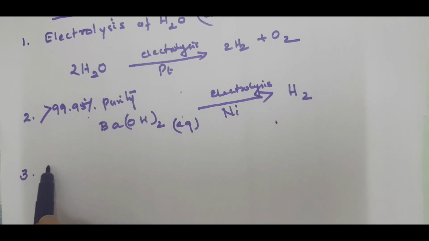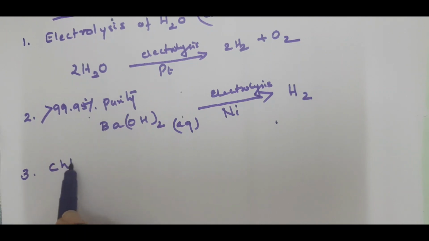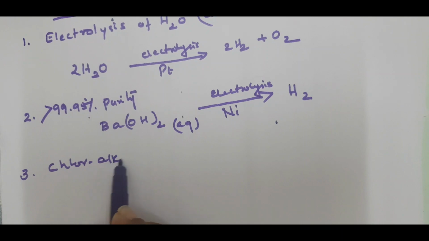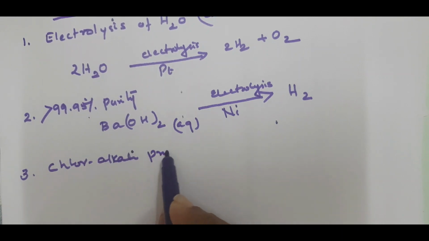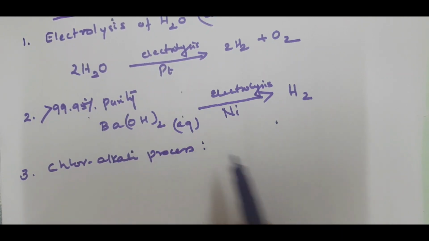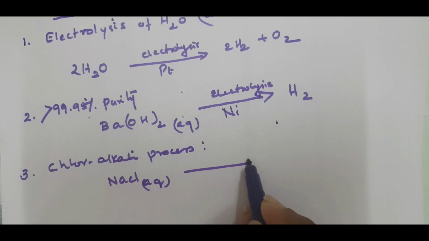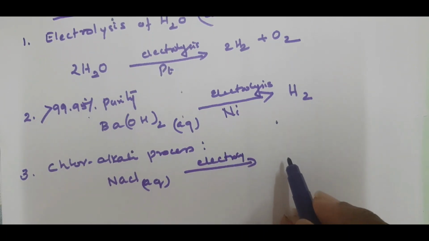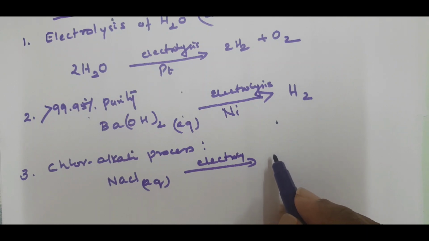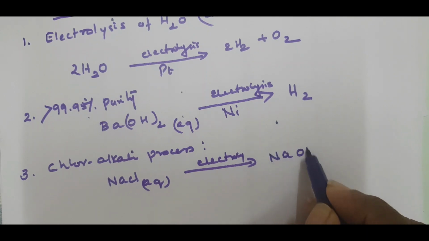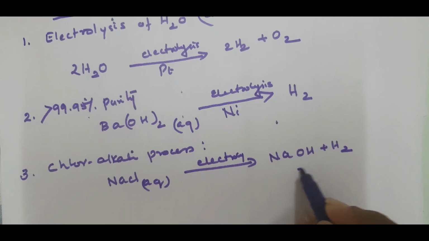Okay. Now, you have studied one more preparation of hydrogen. Are you remembering the process called the chlor-alkali process? That means brine water, that is aqueous NaCl, isn't it? Aqueous NaCl on electrolysis, what happens? You get sodium hydroxide plus hydrogen plus chlorine.